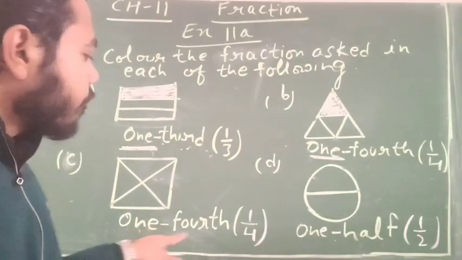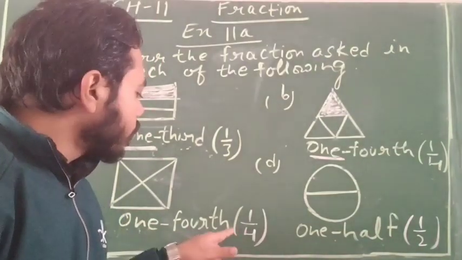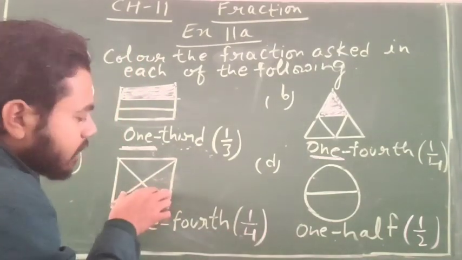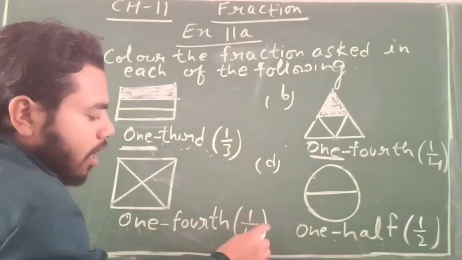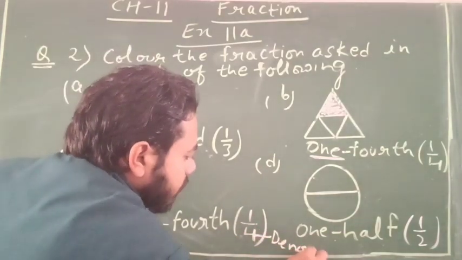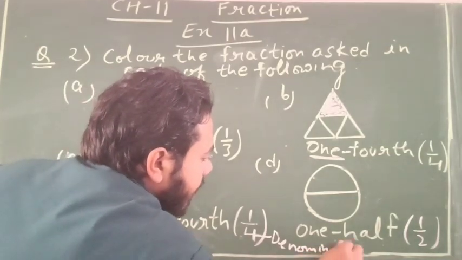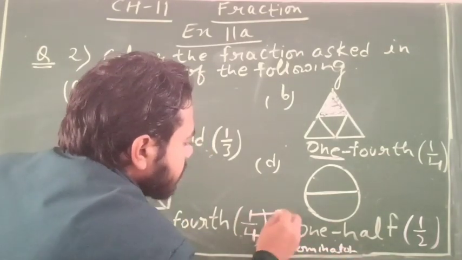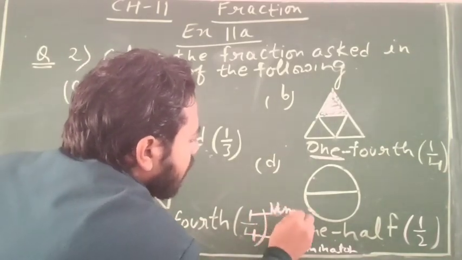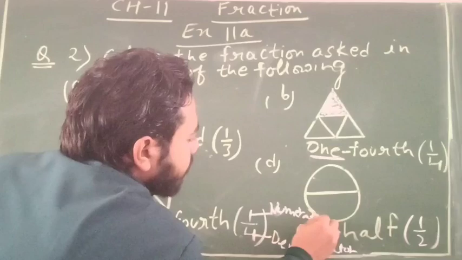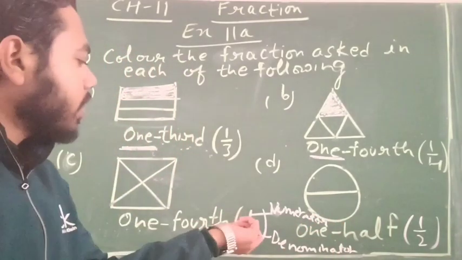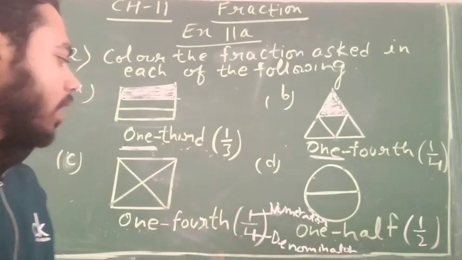Now 1/4. It means the square is divided into 4 equal parts. Here 4 is the denominator and 1 is the numerator. We have to color the numerator part. Whatever the numerator is, we color that many parts.